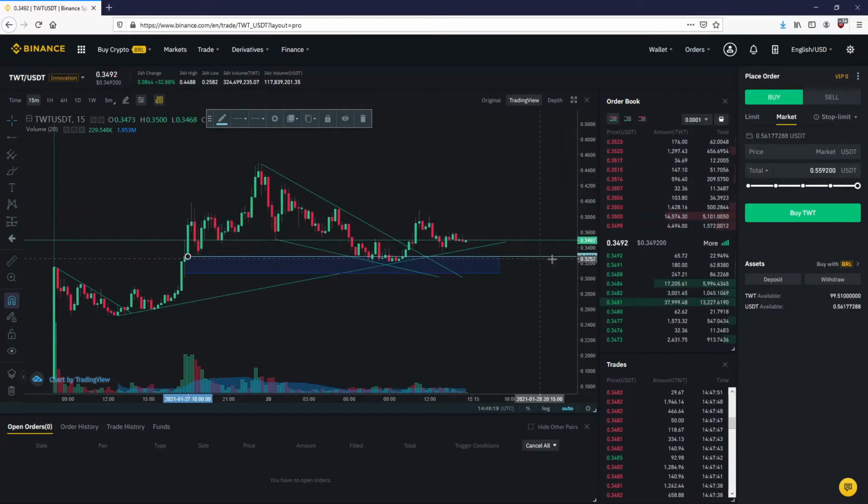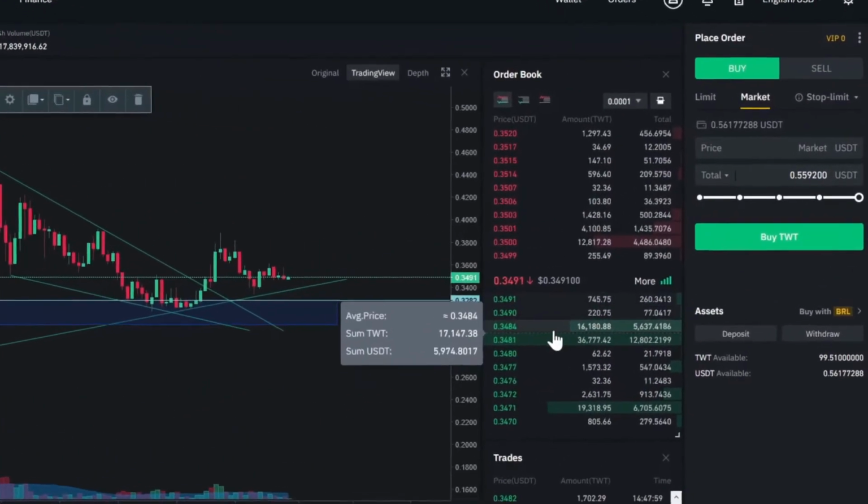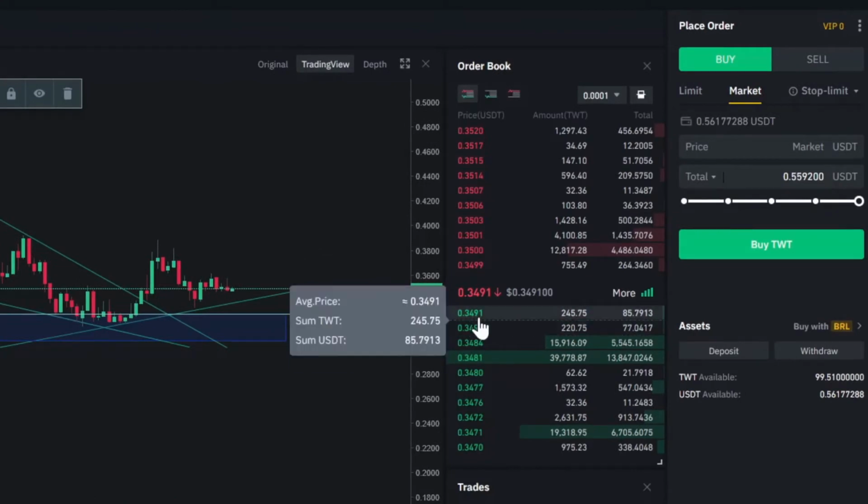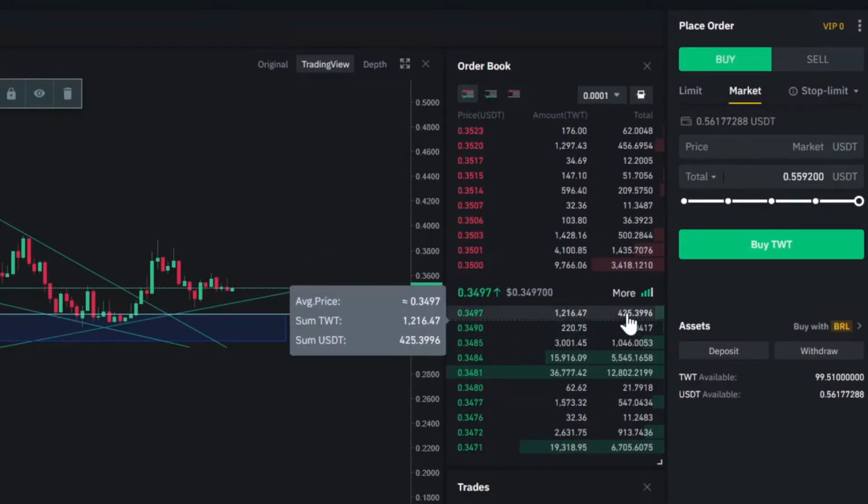If you are buying a lot more, this is currently the last price, 3497 is currently the last price. This means somebody bought at that particular price. But if you look at the order book, we have 3491, which is also the last price, and we have an amount of 1127 TWT.